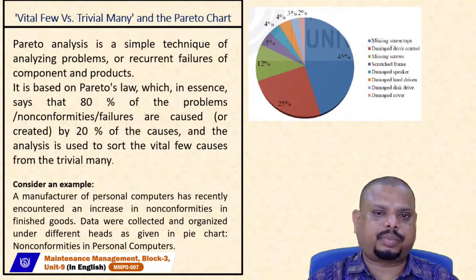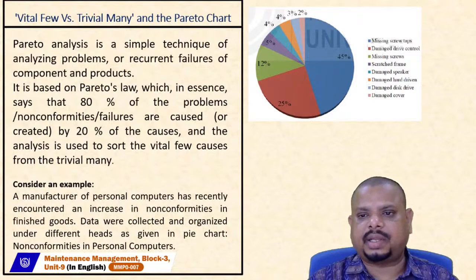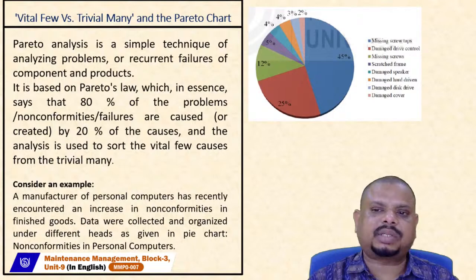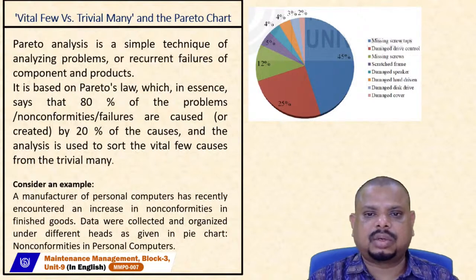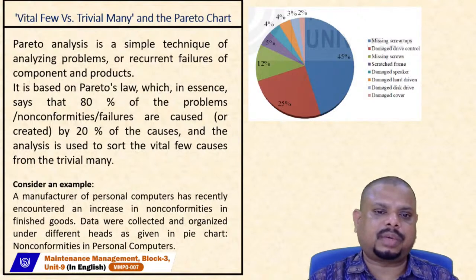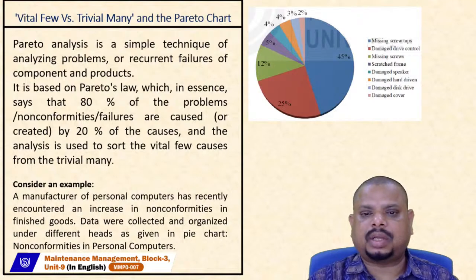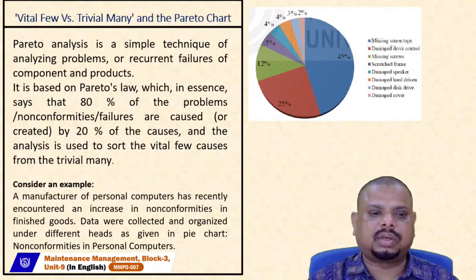Here the major cause of failure rate is observed in missing screw tapes, and the second one is damaged drive controls. These are the two major ones. The third is the missing screw in the assembly. So these three should be analyzed and the results provided with reference to 45%, 25%, and 12%.